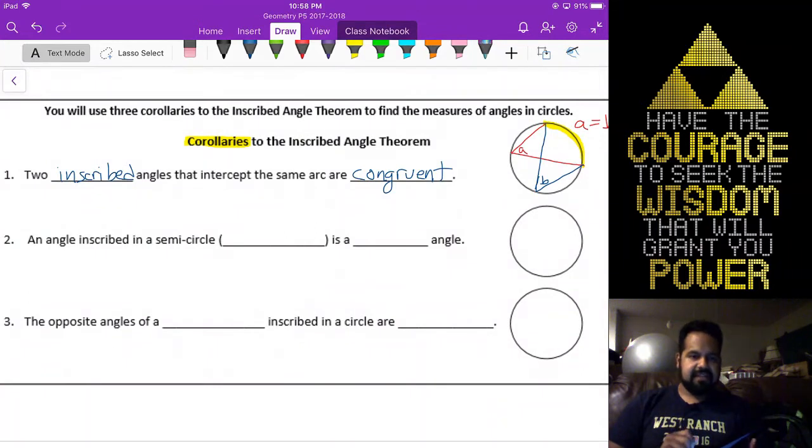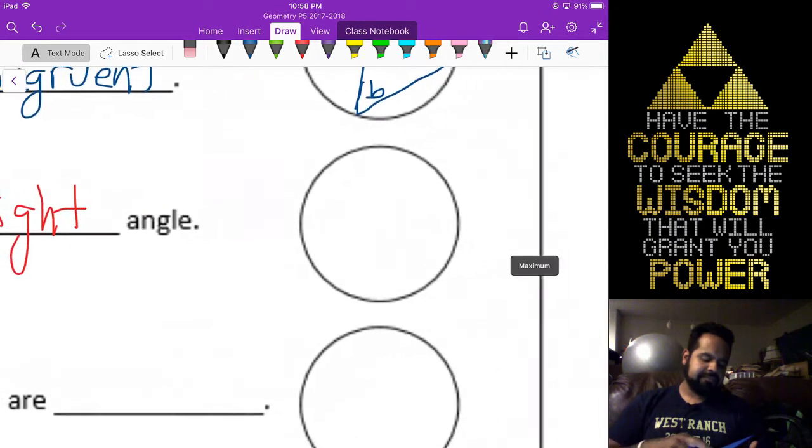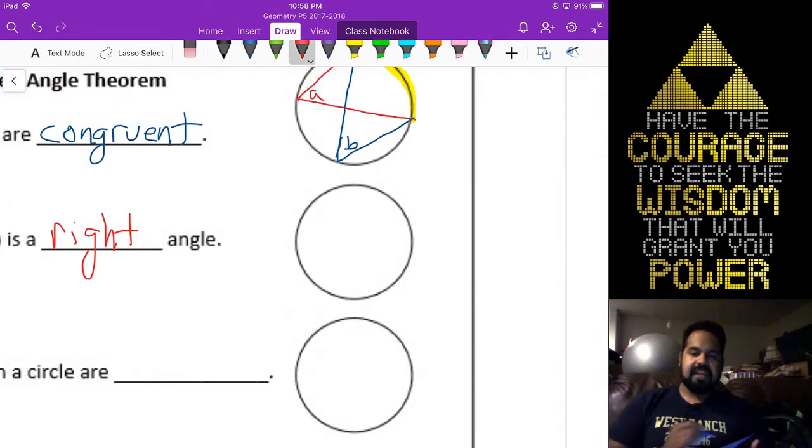The second corollary we have is when you have an angle inscribed in a semicircle, it forms a right angle. And if you remember, a right angle is a 90-degree angle. So let's go ahead and draw a semicircle, which means that I'm going to have a diameter here.